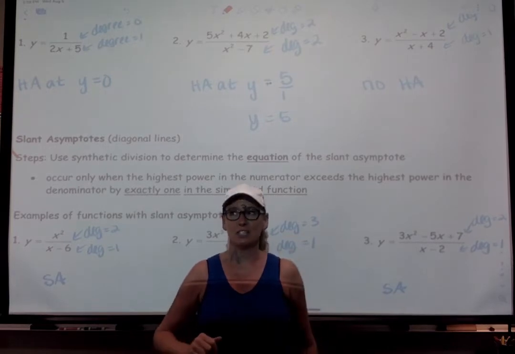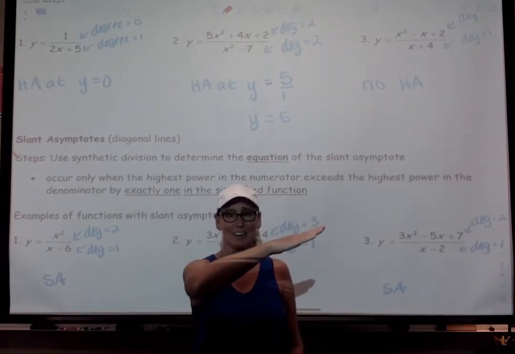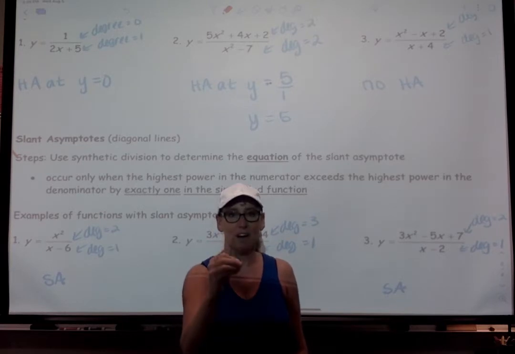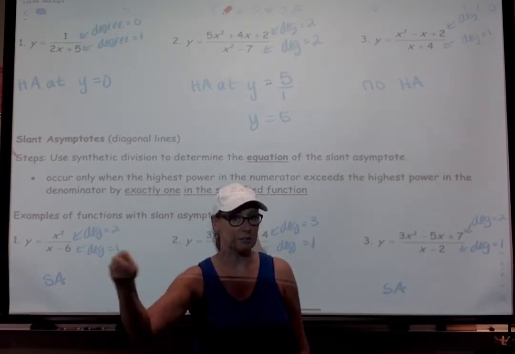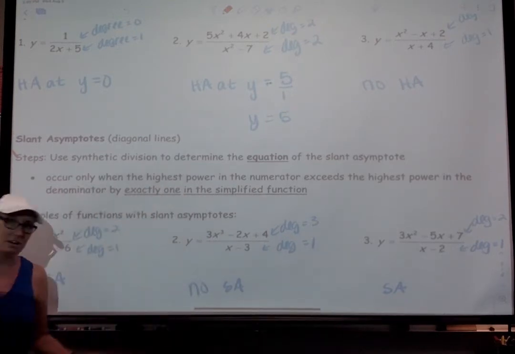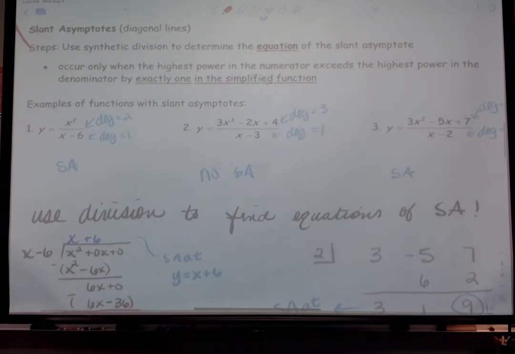What do equations of slanted lines look like? Y equals mx plus b. Let me show you how to find your mx plus b. Okay? It's not hard. You're not going to like it, but it's not hard. So, you're going to use division to find equations of your slant asymptotes. And remember, they can only be 1 degree apart.